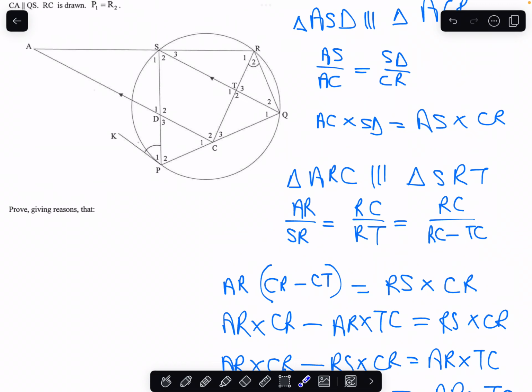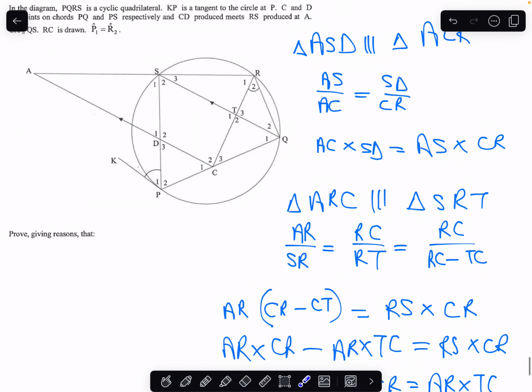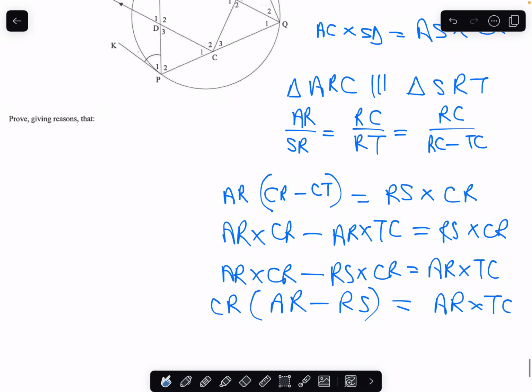AR minus RS, which is AS, right? AR minus RS. So this is CR times AS.